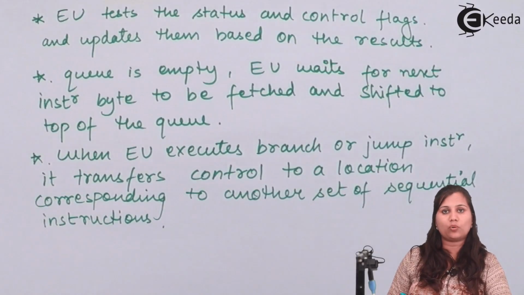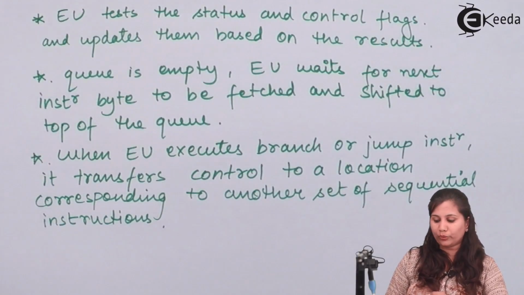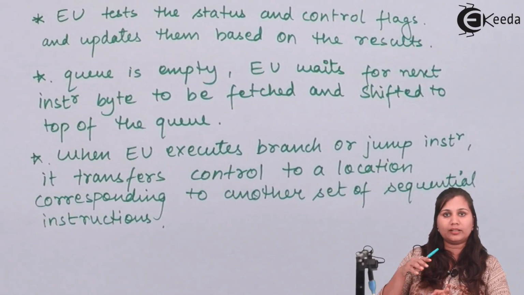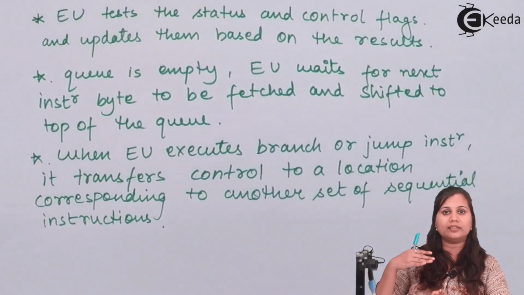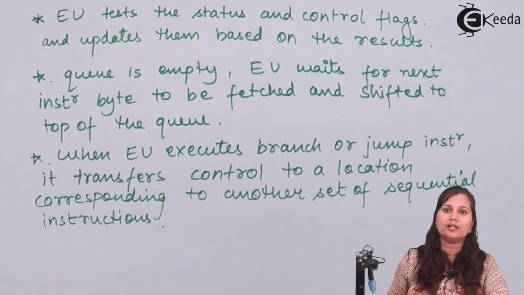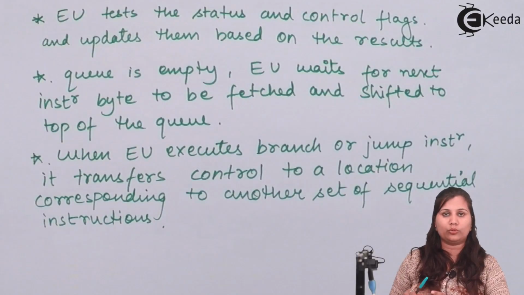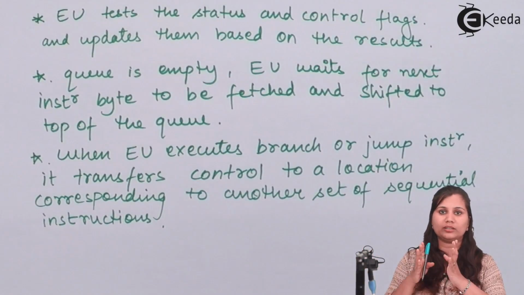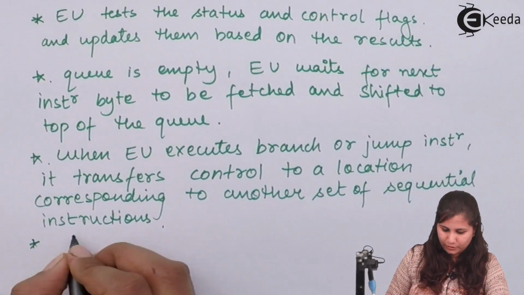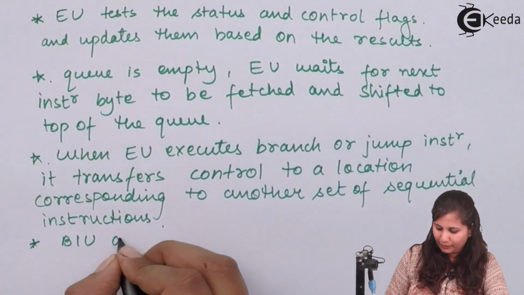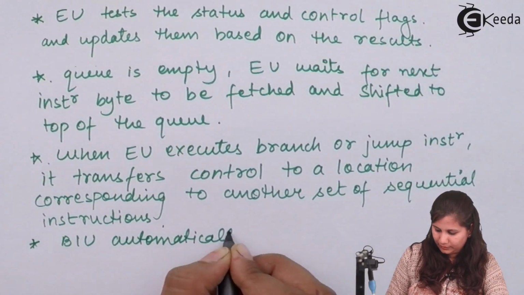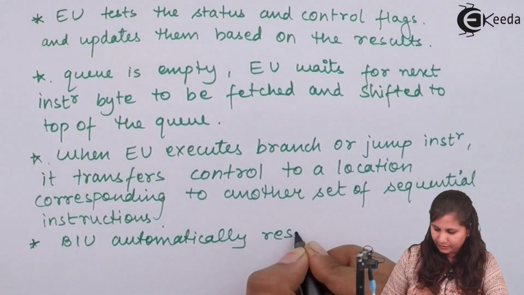In this case, the bus interface unit is going to reset the queue, and the instructions written at the other memory locations will be queued in the instruction queue. So the BIU automatically resets the queue.